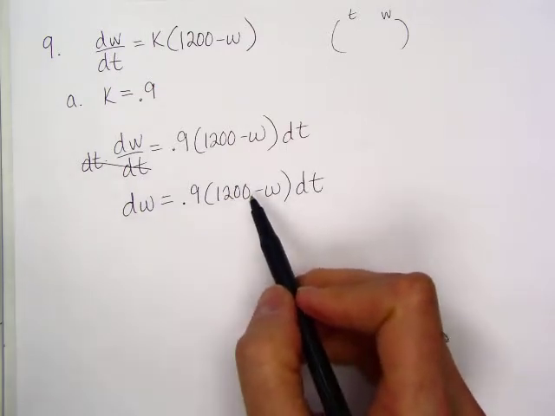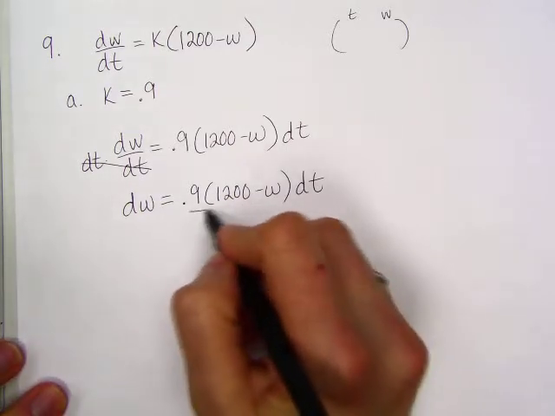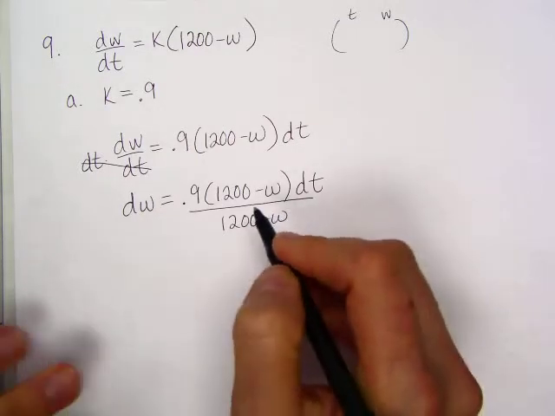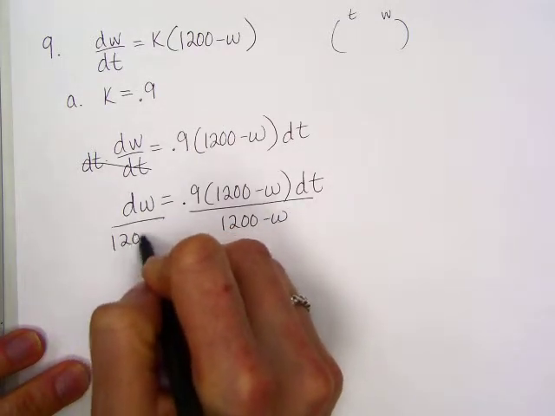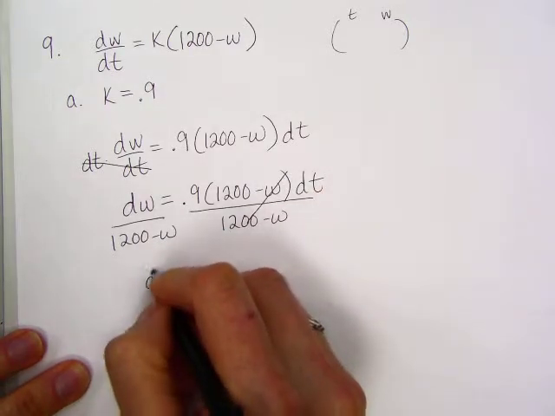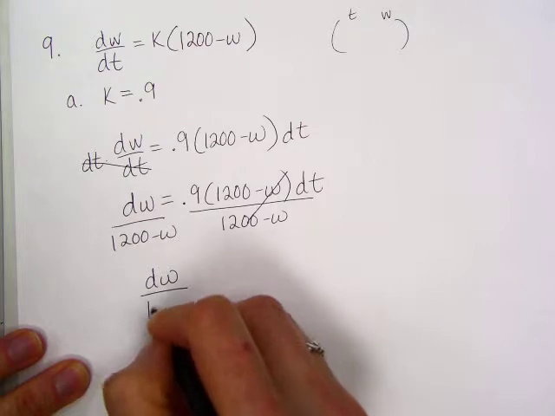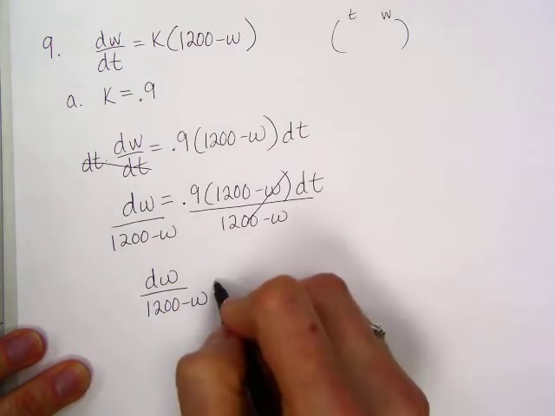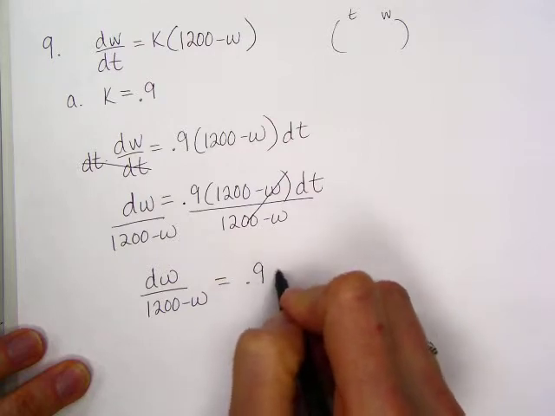Again, this has a w and it's on this side, so we need to move it on the other side. These two cancel. So we have dw over 1200 minus w equals 0.9 dt.